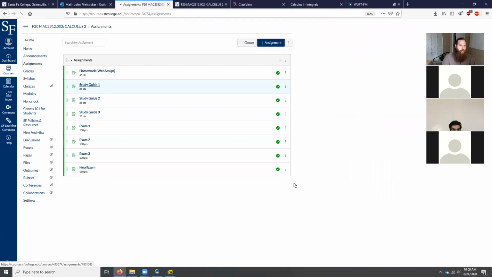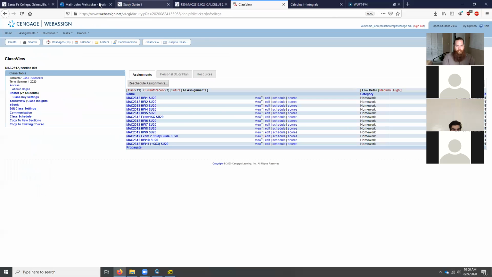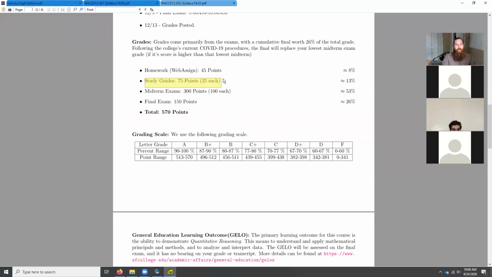So for Study Guide 1, in order to submit this assignment, you would come in here, and you have the option to submit a PDF. So you need to write out the solutions to those problems from WebAssign, and then scan them using your phone or a physical scanner and submit the scans here. And it is that scanned written work that I will be grading for the 25 points or for the 13% here.